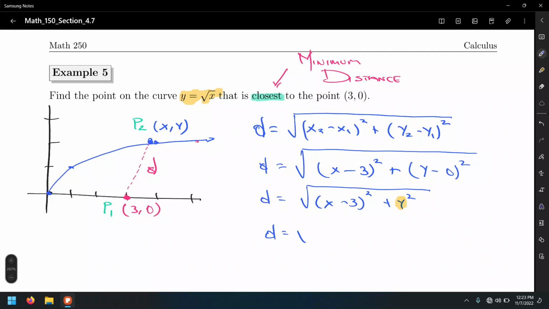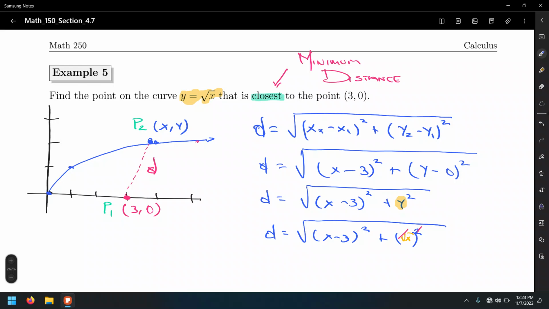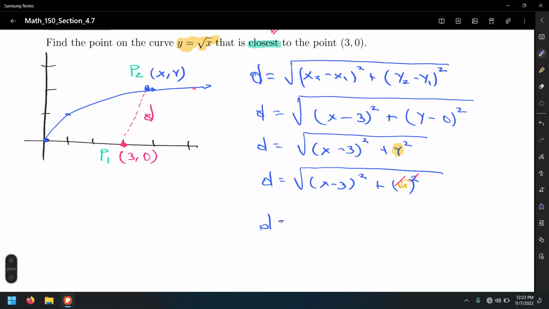So that's d equals the square root of (x minus 3) squared plus the quantity squared, which will be the square root of x squared. And the square cancels the radical, and that's d equals the square root of (x minus 3) quantity squared plus x.